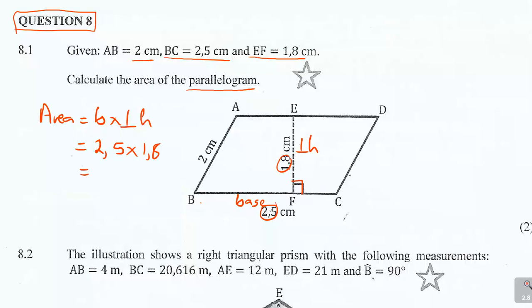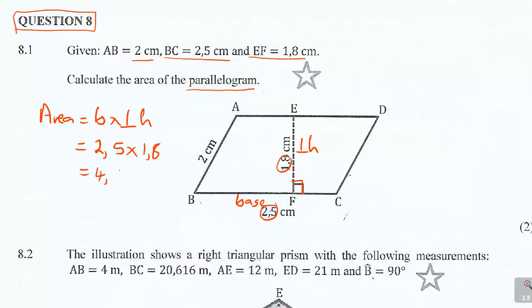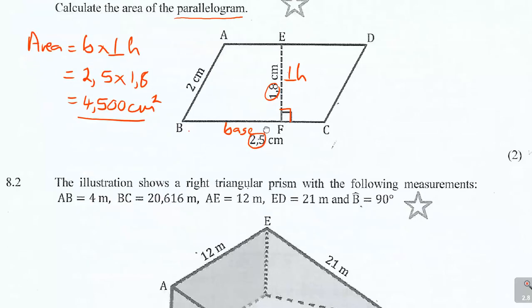When you simplify that, it's 2.5 times 1.8. It gives us 4.5. They say to 3 decimal places. You see, sometimes it's important to write that. Centimeter squared, because it's area. Then you get 2 marks for that.